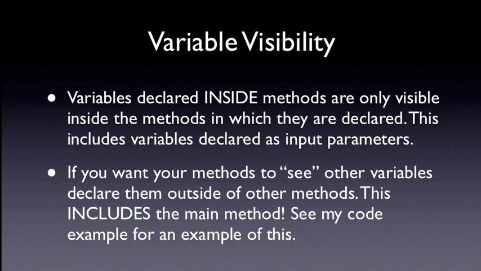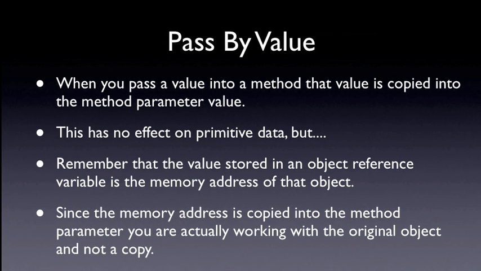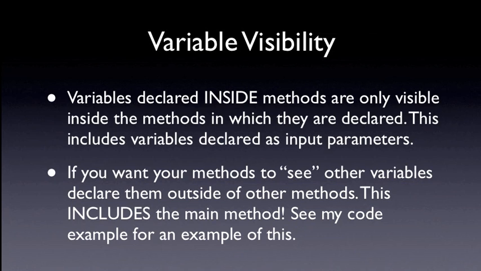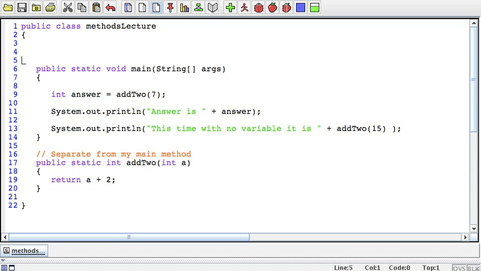So a couple of things. If you want your methods to see other variables, you need to declare them outside of your method. In other words, in our previous code, anything inside of our add2 method only exists inside of our add2 method. What if I want to write some code that deals with some variables?